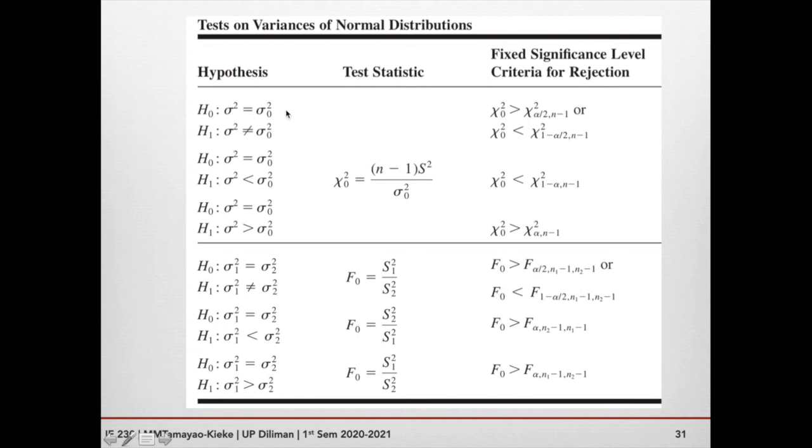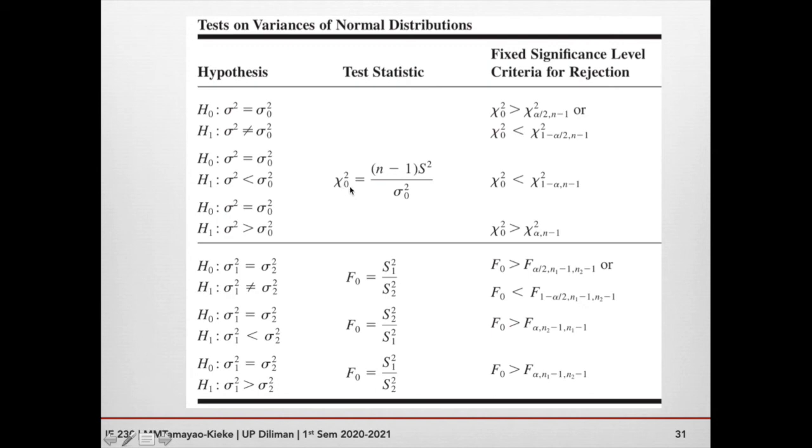So for example, our hypothesis is sigma squared is equal to sigma naught squared. Here we are looking at a test of a single variance, and we're comparing that variance to a specific value. In this case, we use the chi-squared distribution for the test statistic.